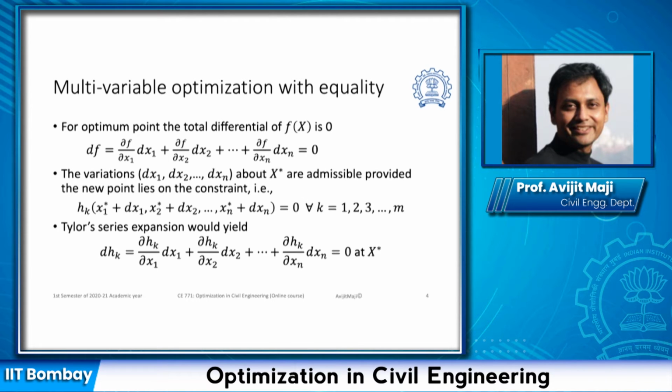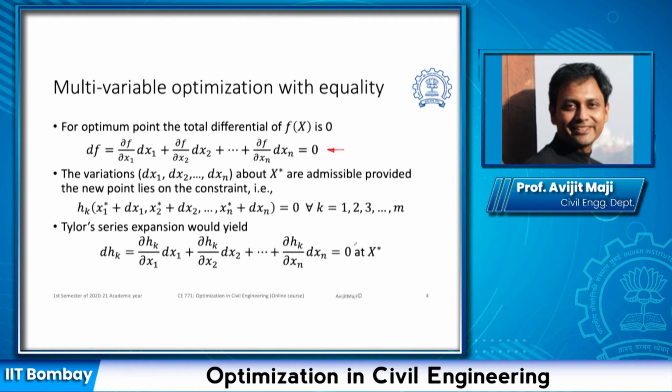As indicated in the previous lecture, for the optimum point the total differential of the objective function should be 0, and mathematically it can be represented as this equation, which is equal to 0.